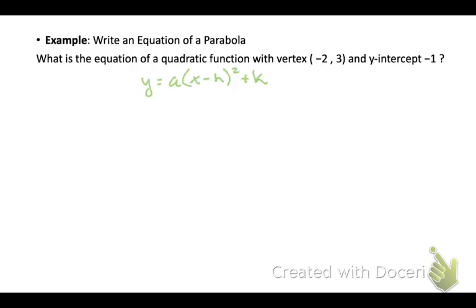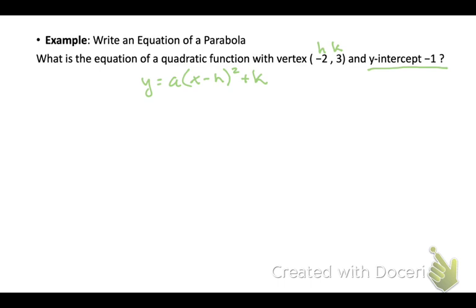Okay. So write the equation, and we have y equals a(x minus h) squared plus k. The y-intercept is -1. So what do I have? The vertex. So what variable is that? -2, 3. But what variable is -2? H and k. We also have something else.